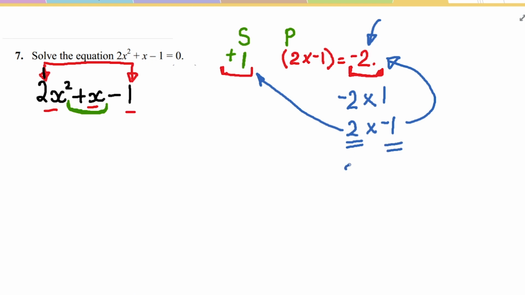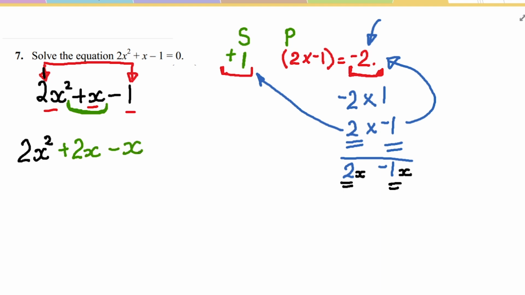So these two numbers, 2 and negative 1, are the ones that are going to replace the middle part. So our next step becomes 2x squared, and the middle part is replaced by these two numbers, each with an x. So it becomes plus 2x minus x.